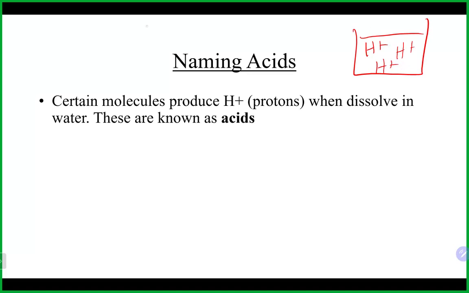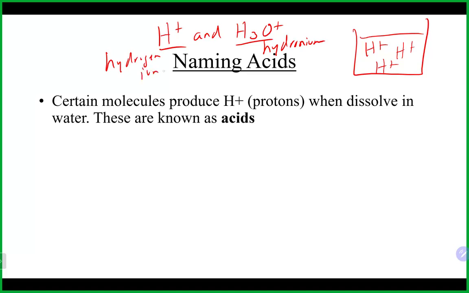As you'll learn when we talk about acids and bases in a later chapter, H+ and a polyatomic ion, H3O+, which is the hydronium ion, are essentially the same thing in acid-base chemistry. They're used interchangeably, the hydronium ion and the hydrogen ion. But that's basically what makes something an acid, is that ability to not hold on to its H+, but actually let it go into solution and be free.